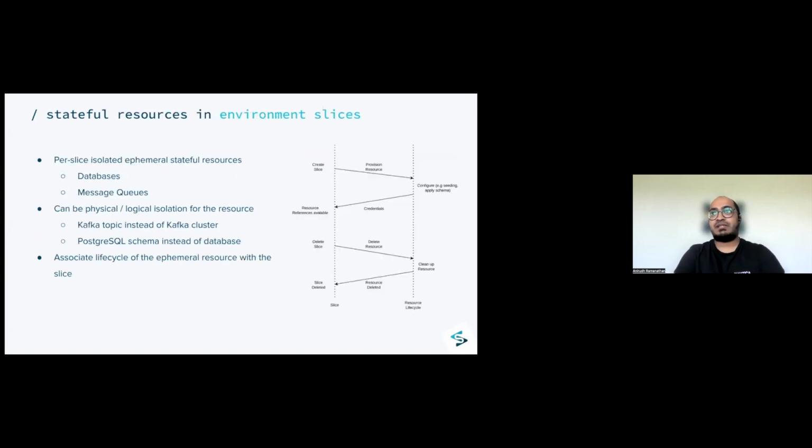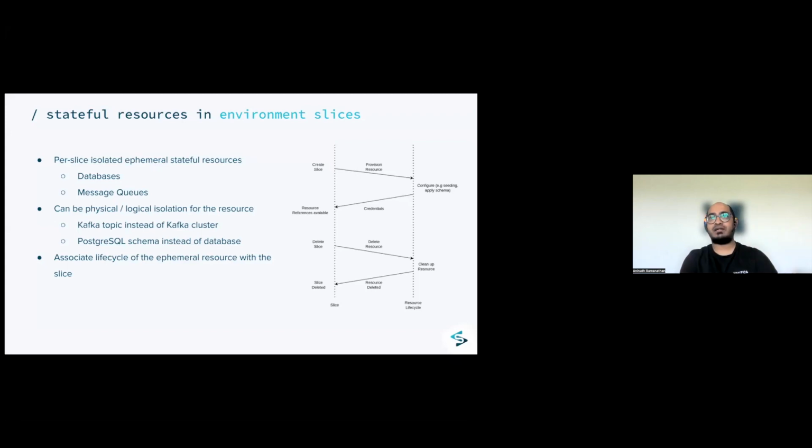The other piece here, which Fortis also mentioned, was stateful resources. You're going to have databases, message queues, things like that, which may need additional isolation. It may not be possible to isolate them at the request level. So for that, you would also need a way to deploy these ephemeral stateful resources alongside the slice.